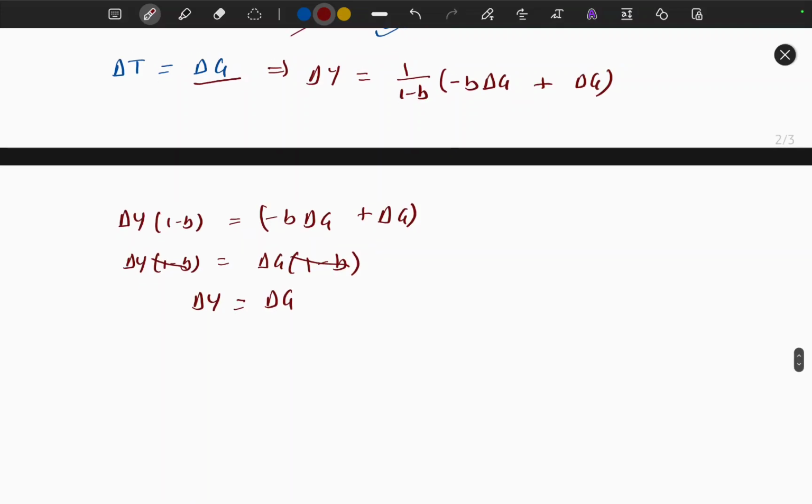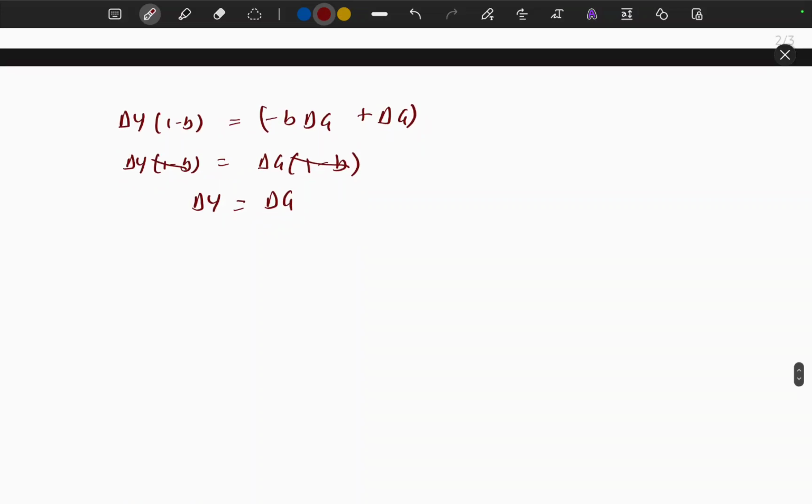In order to get the balanced budget multiplier, we can divide both sides of the equation by delta g. So let's do this. Delta y over delta g is equal to delta g over delta g, which is equal to 1.